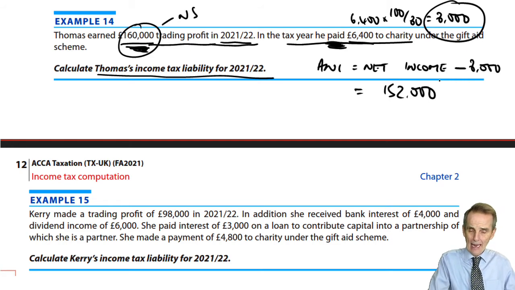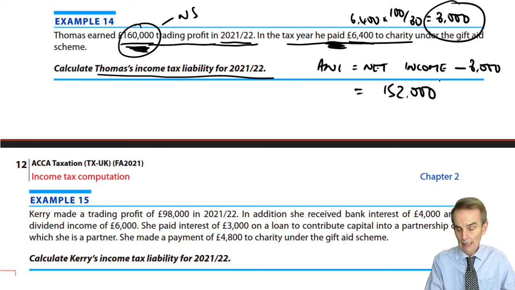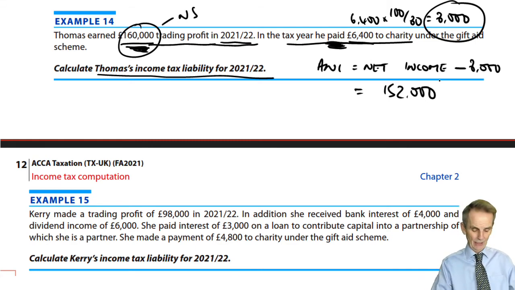Now again, be careful about the different purposes that we use the gross gift aid payment for. This is in calculating adjusted net income, which is to determine whether or not we get any personal allowance. If the adjusted net income exceeds 125,140, which it does here, there is no personal allowance. If it exceeded 100,000 but not 125,140, then you would restrict your personal allowance in the way that we saw in our previous lecture together.